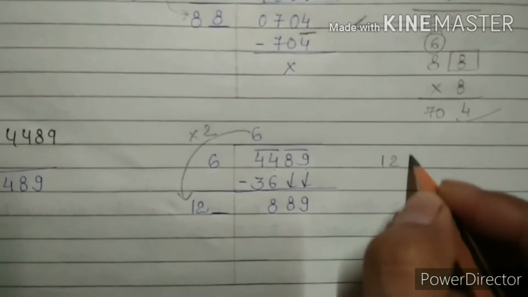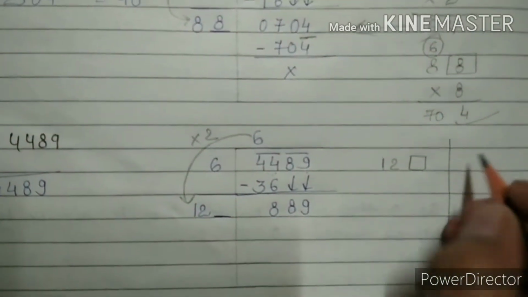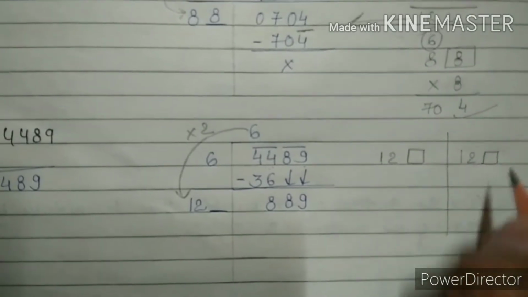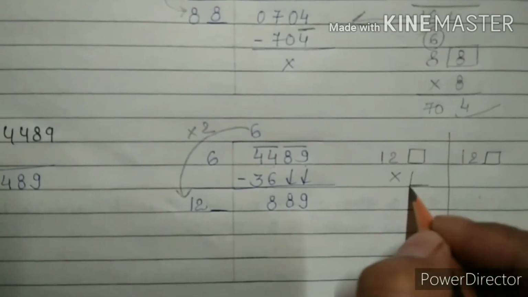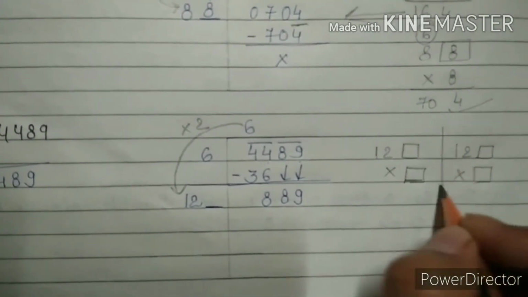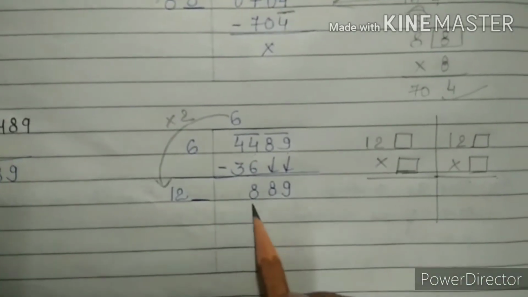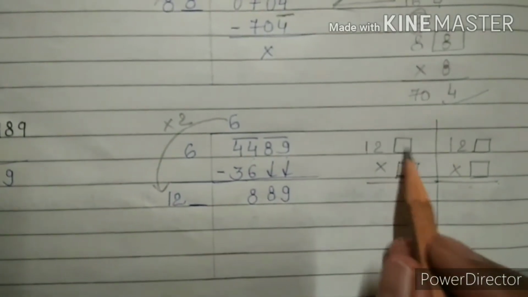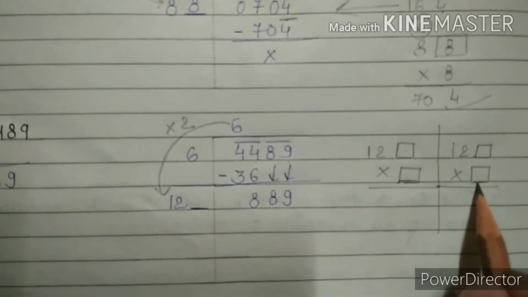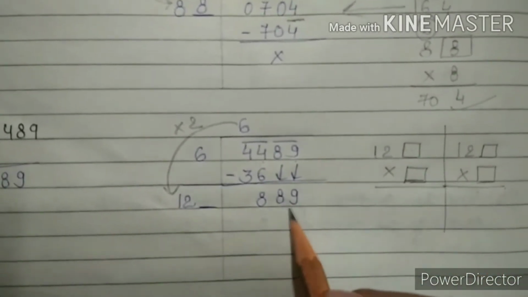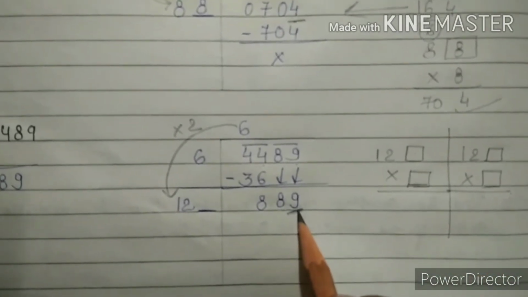Here is 12, and this we have to check, how can we get 889 by putting the same digit here. So ones place we want as a 9.